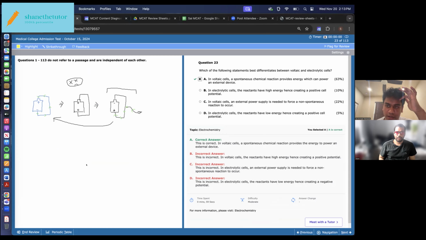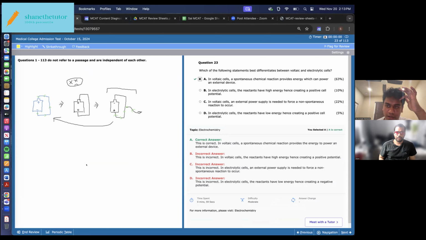So now you actually have the thing with the high reduction potential get oxidized, aka give its electrons to the thing with a low reduction potential. Your cathode is now negative, anode is positive, and your cell potential is negative, which again means it's not spontaneous.